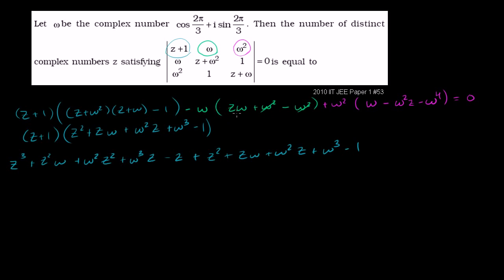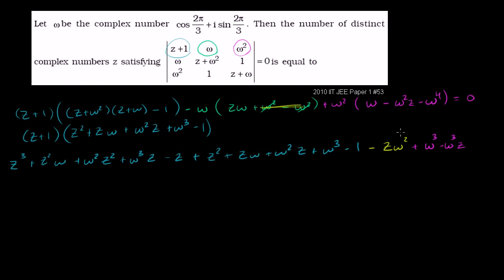And then let's simplify this over here. The green terms canceled out, so we're just left with negative omega times z omega, so it's minus z omega squared. And then over here in magenta, we have plus omega to the third power, minus omega to the third z, right?